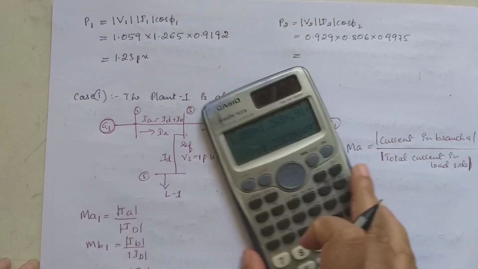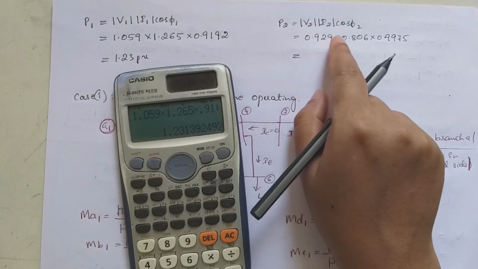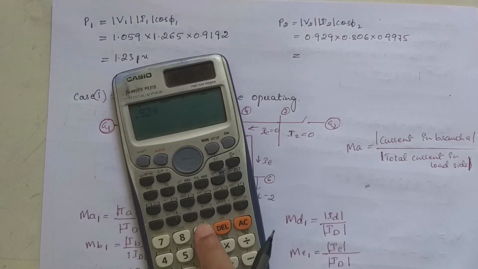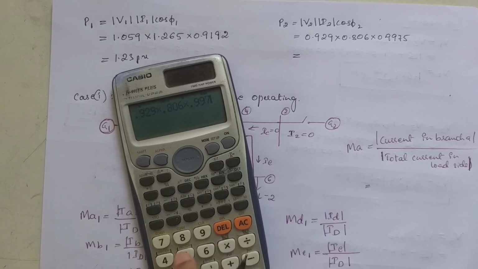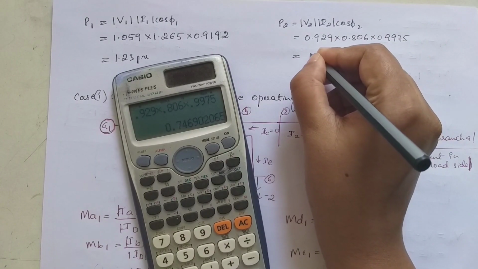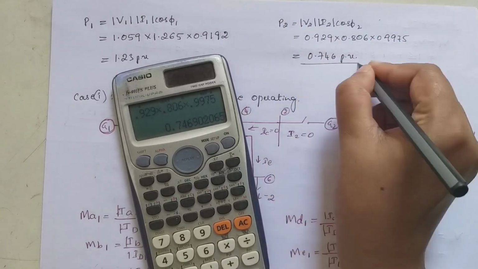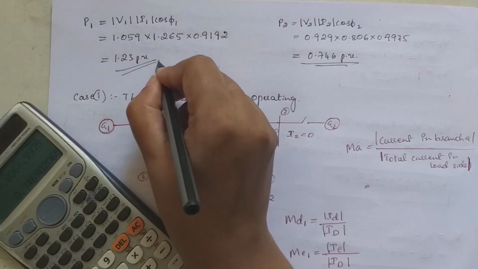Similarly, P2, which is V2 into I2 cos phi 2, is 0.929 into the magnitude of I2, which is 0.806, into cos phi 2, which is 0.9975. The answer is 0.746 per unit. So we got P1 as well as P2.